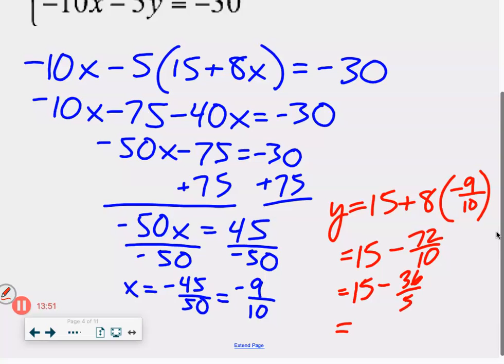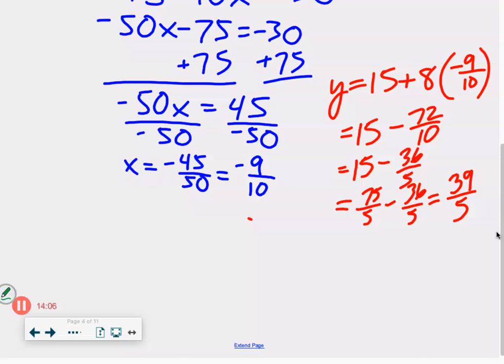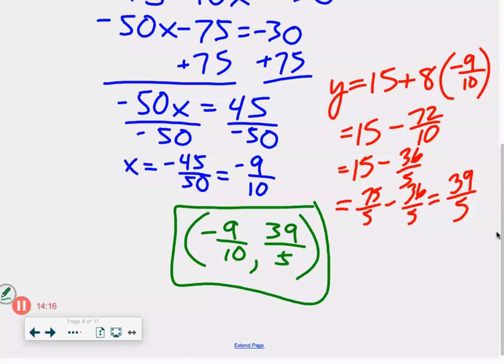So now I have 75/5 minus 36/5. So it would be 39/5. So my final answer is the ordered pair (negative 9/10, 39/5).